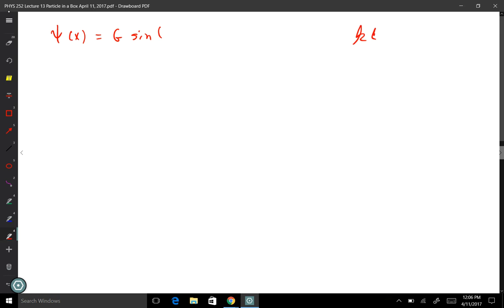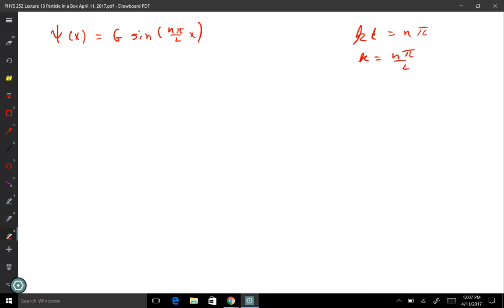We had KL had to be equal to n pi, and it was kx, so I'm going to write it that way. I took out the k and replaced it with something that has an n in it. So that's my psi, and then I have to have the sum of all the probabilities.